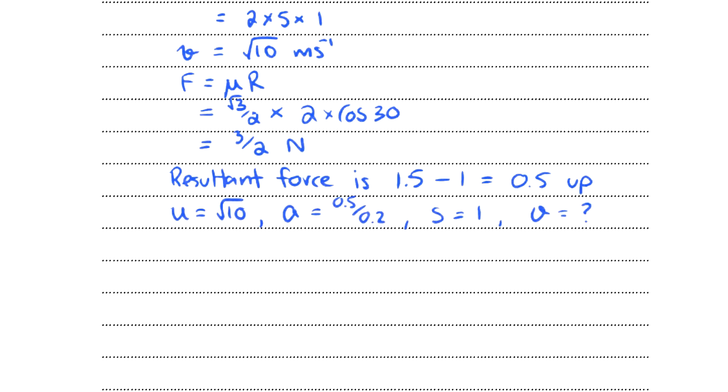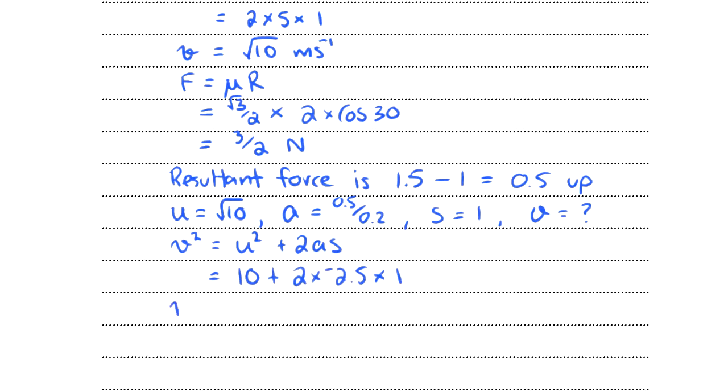Keep that in mind. Right, what formula are we going to use? V squared is u squared plus 2as, same formula again. Final velocity, that's what we want. V squared is u squared plus 2as. So in this case, u is root 10, so u squared is just 10. We're going to add 2, but acceleration is negative because it's against the direction. So let's multiply by negative 2.5, and the distance we travel is just 1 meter.